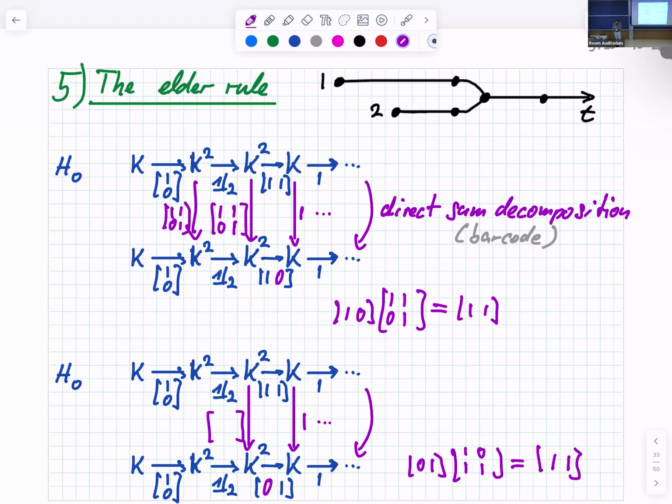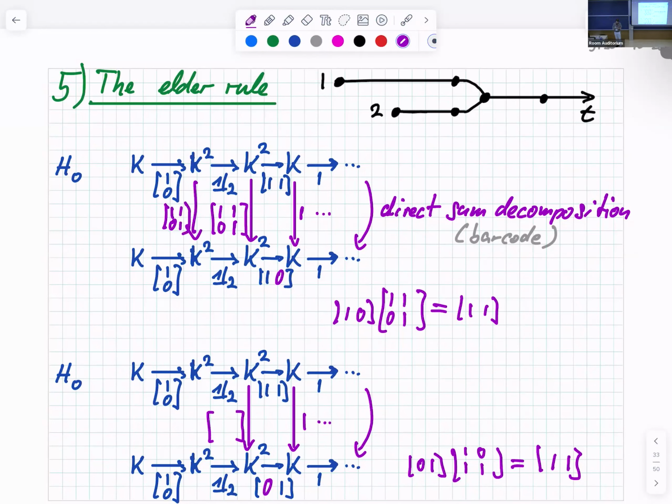What do you say? No, it's not. It's not true. So this is not equal. So that does not work. That does not work. Yeah.